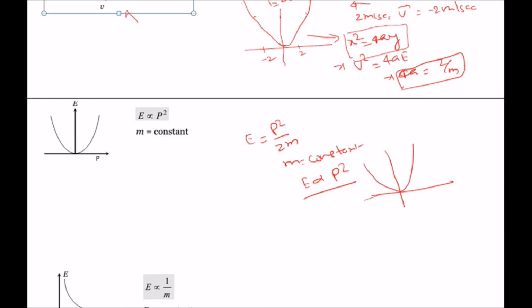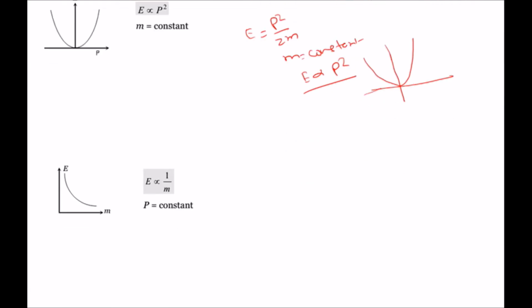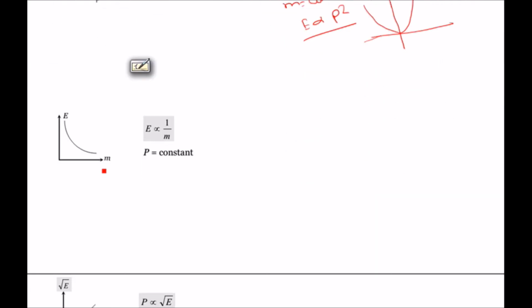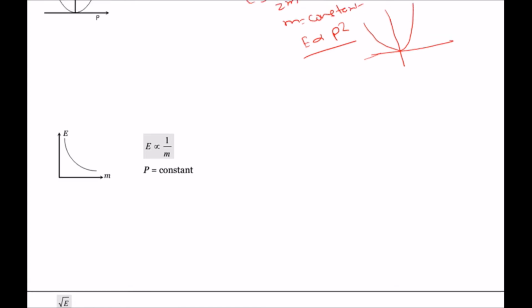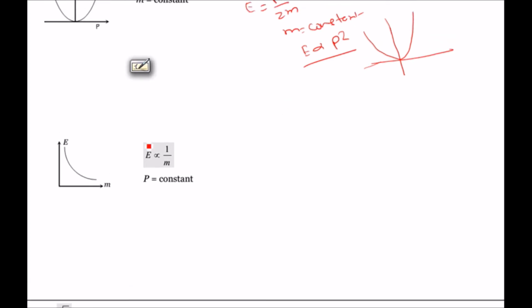Now we will see our third graph, which is the energy versus mass graph for constant momentum. As we know, E is equal to p square by 2m. So if p is constant, then E is inversely proportional to mass m.